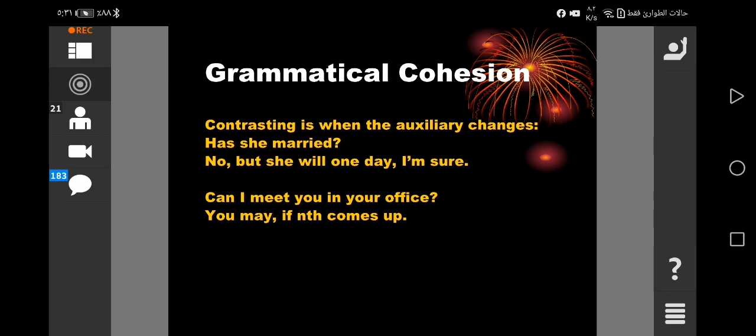But she will marry one day, I'm sure. Notice that in has she married, the auxiliary has now changed to will in the second statement. So when the auxiliary changes, this is an example of auxiliary contrasting.